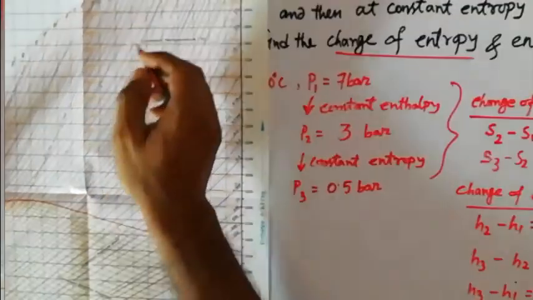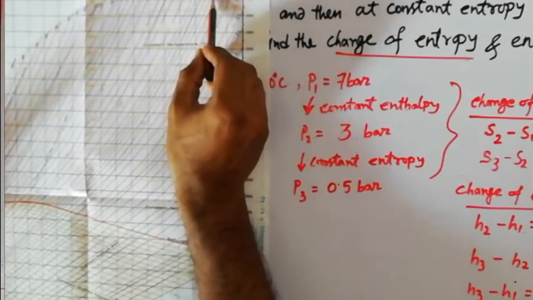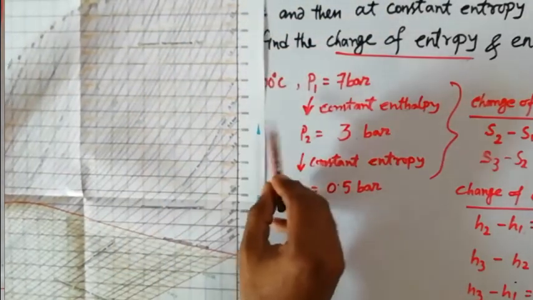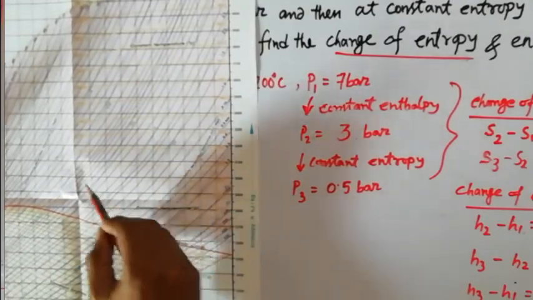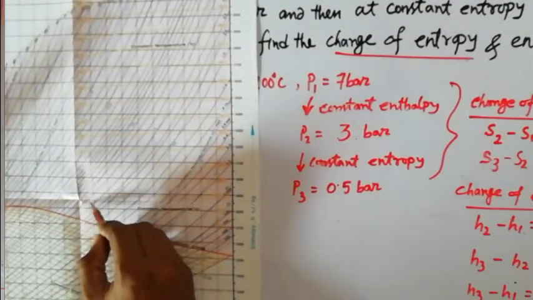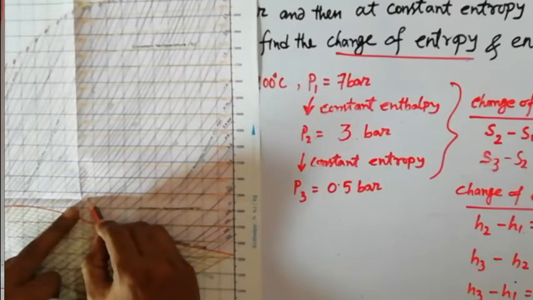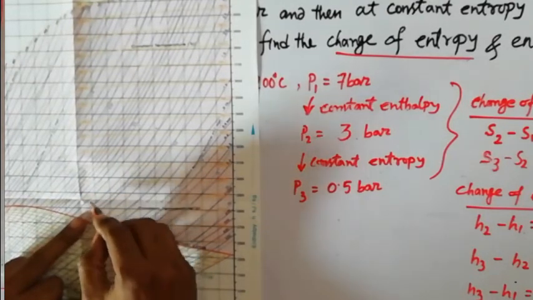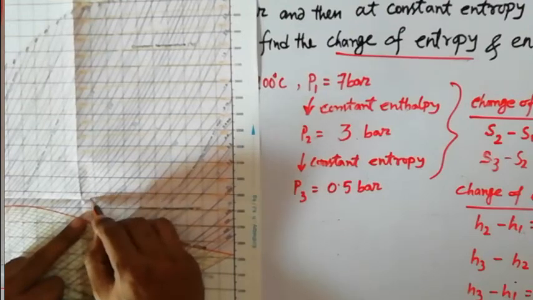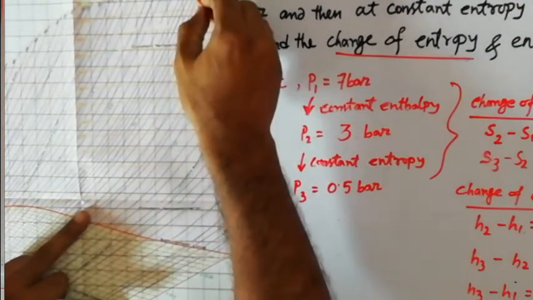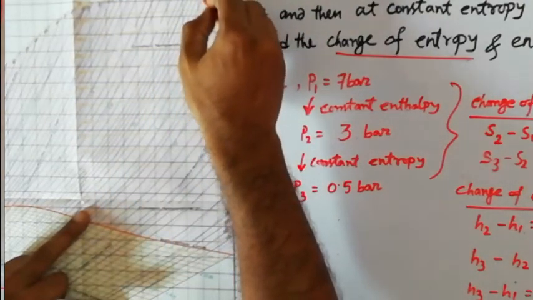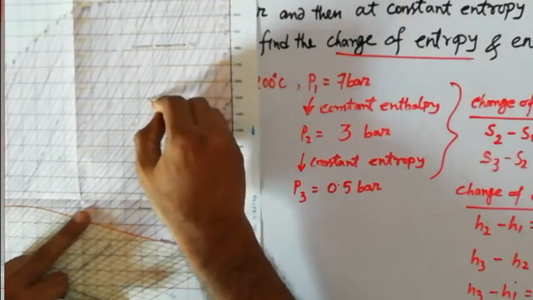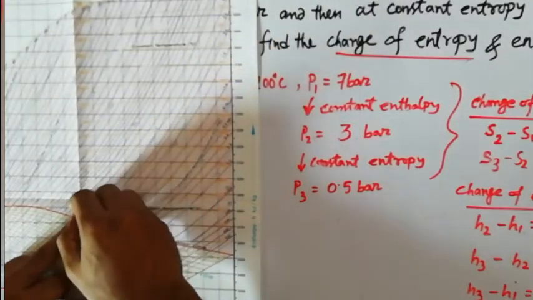So find the 7 bar pressure line. This is the 7 bar pressure line I can see over here, and the 200 degrees centigrade temperature line, and the intersecting point is 200 degrees and 7 bar. For 7 bar you have to pull the line and go with the line this way.